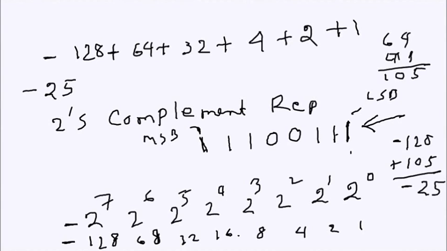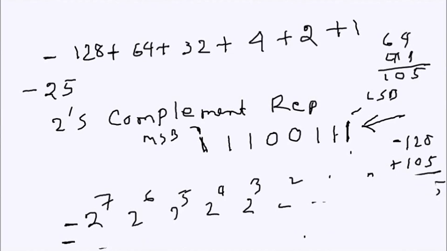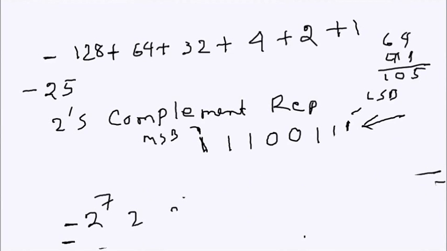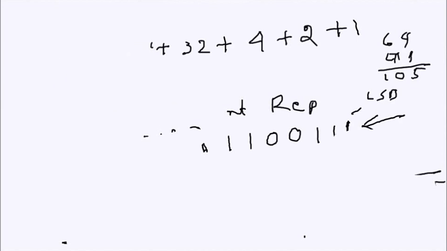So I can do another example, maybe a 4-bit example this time. Let's say positive 3.